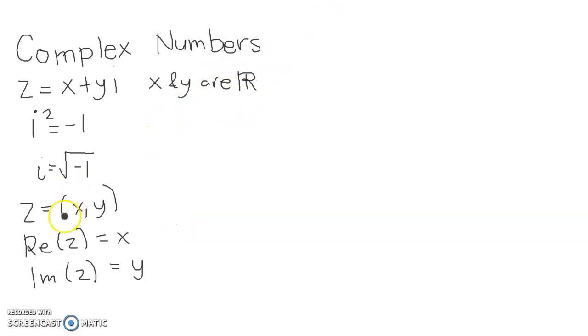So if we raise the power of i, from our original definition, i is equivalent to the square root of -1. If we square i, meaning i squared, we have the square root of -1 squared, and that's equivalent to -1.